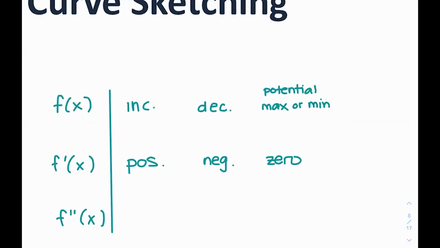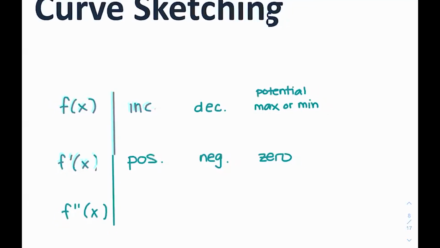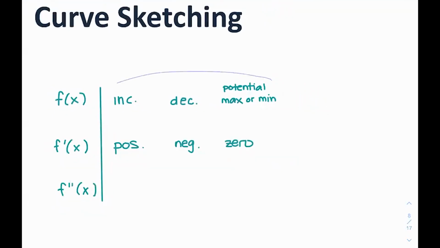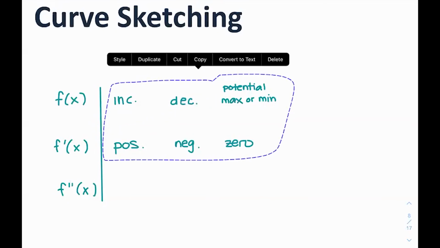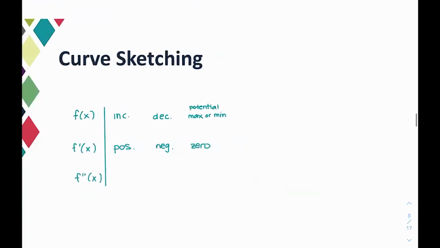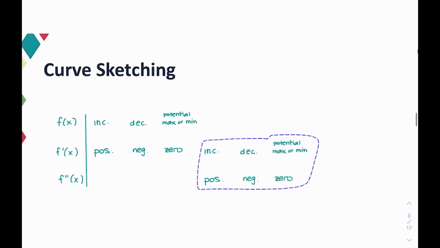Derivative is positive, function is increasing. Derivative is negative, function is decreasing. Derivative is 0, then we could have a maximum or minimum. And I can just do this entire piece again for the first derivative and the second derivative.